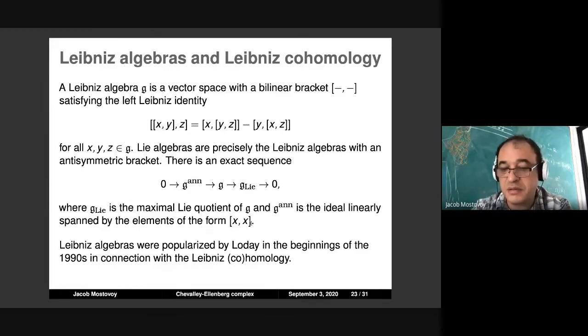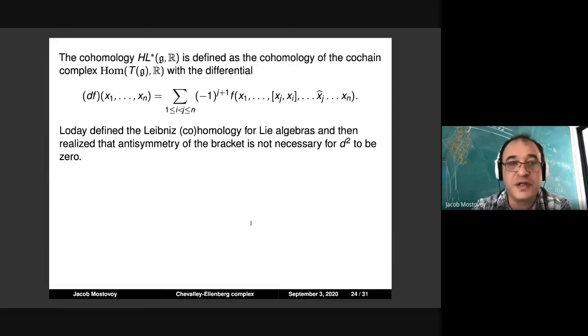Many people are interested in Leibniz algebras. Many people are critical about Leibniz algebras. So the fact is that Leibniz algebras exist, and they have some properties. In this situation, there should be a reason why they exist.